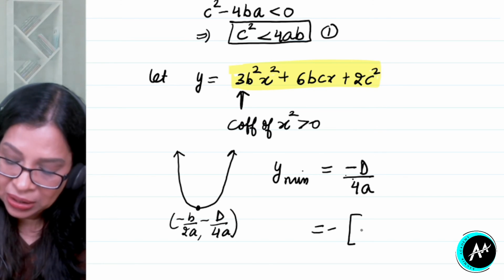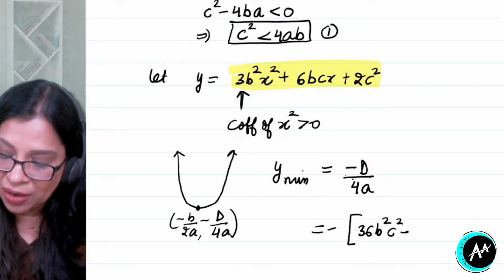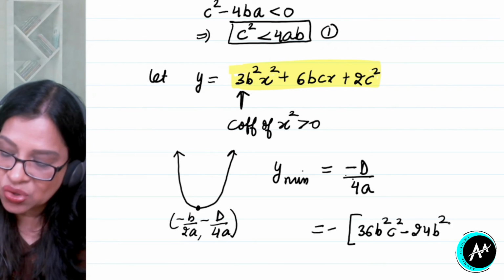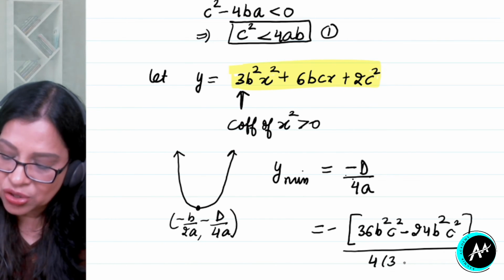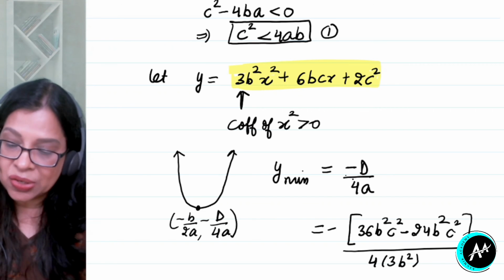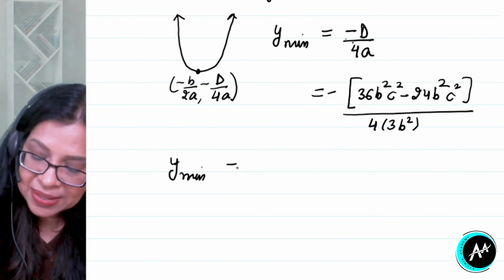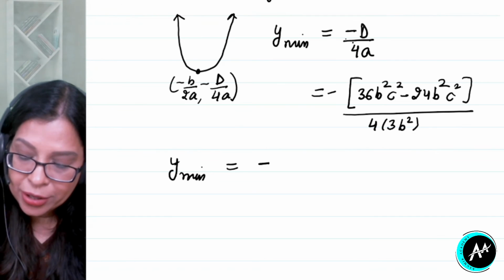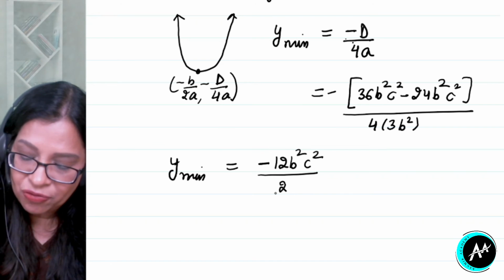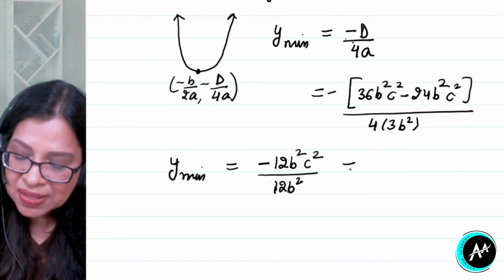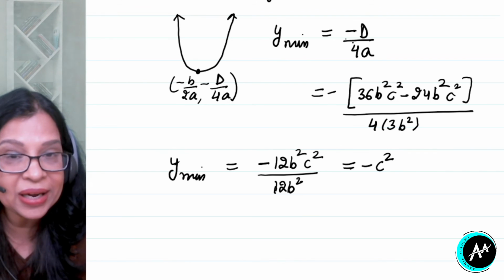So here I have 36b square c square minus 4 3s are 12, 12 2s are 24 b square c square, and divided by 4 into a, which is 3b square. So let me see what y minimum is here. So y minimum is coming out to be minus 12 times b square c square divided by 12b square. So that means the minimum value of y is minus c square, because 12b square will get cancelled.